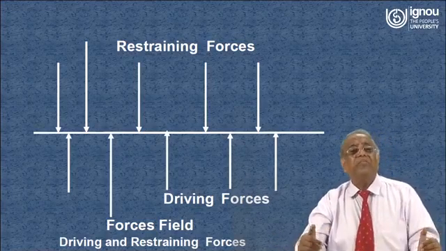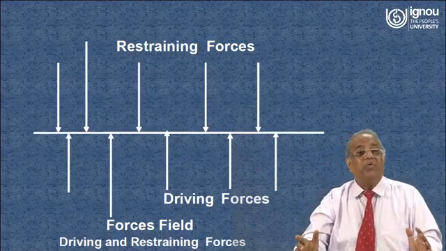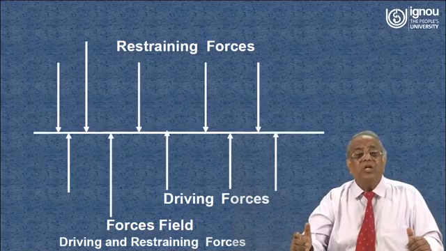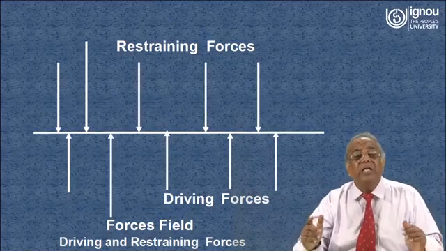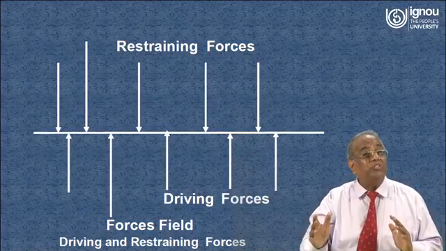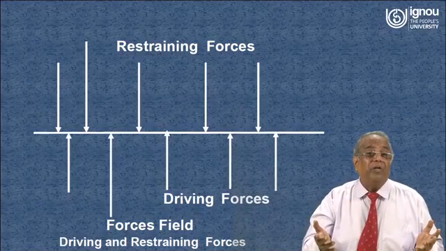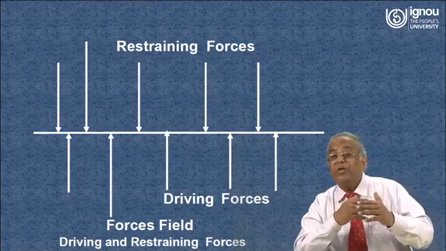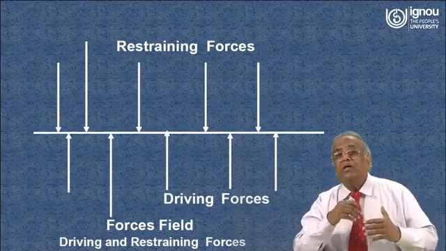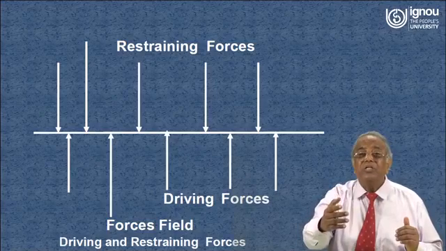But if there is an equilibrium position, that driving force is equal to the restraining force, that means the force for the changing process and the restraining force, that is against the change, are in equilibrium, then also there will be no change taking place. But if there is a change required, in that case the driving force, that is the force in favor of change, has to be more than the restraining force, that is the force against the change.